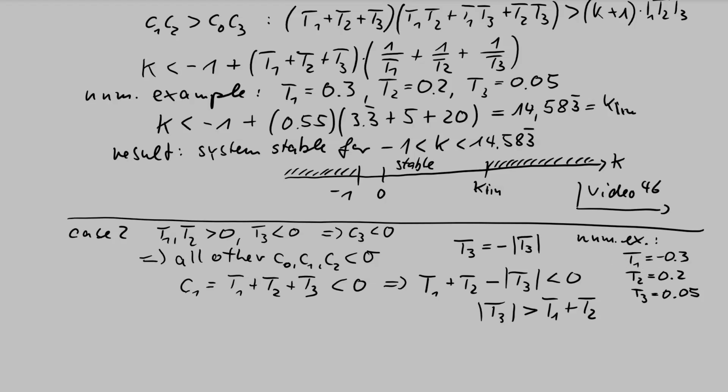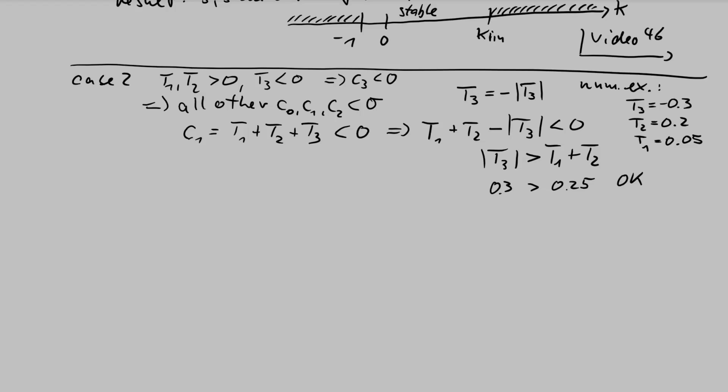I want to have, sorry, the numbers. I make T3 now negative 0.3 and T1, T2 are positive. So this is 0.3 is larger than the sum of the both other, is 0.25. So this is okay. But you see, my controller has no influence to this inequality. If the time constant doesn't fit to this system, then I can do nothing. Then the system becomes unstable.